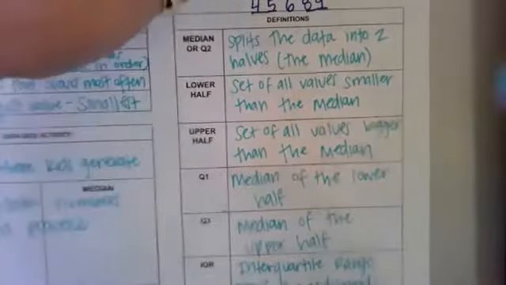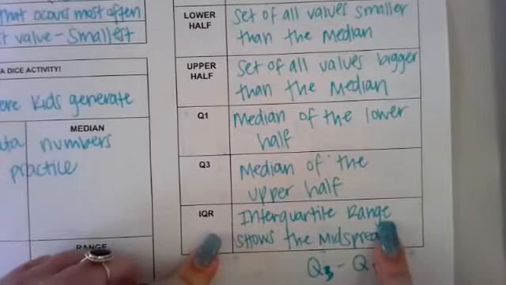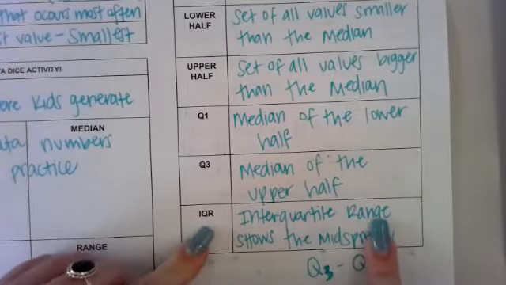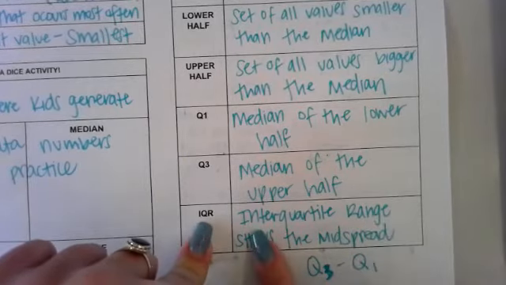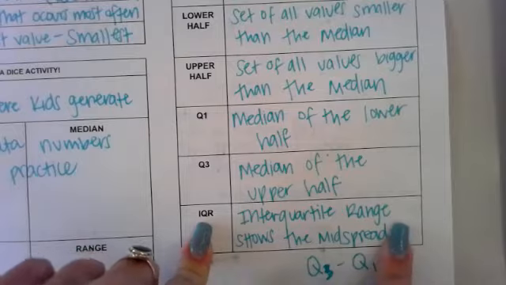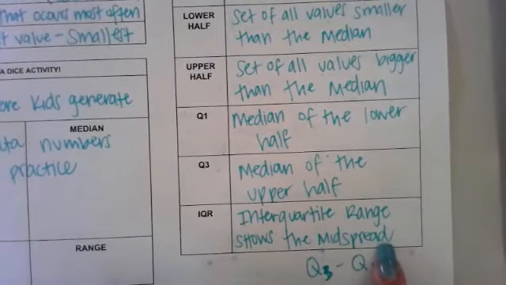Then the last definition that's important is something called the interquartile range. Now that is a super long word, so we abbreviate it a lot of times with IQR, so that way we don't have to write out interquartile range a bunch. The interquartile range shows us what's called the mid spread of the data, meaning where the majority of our numbers fall.